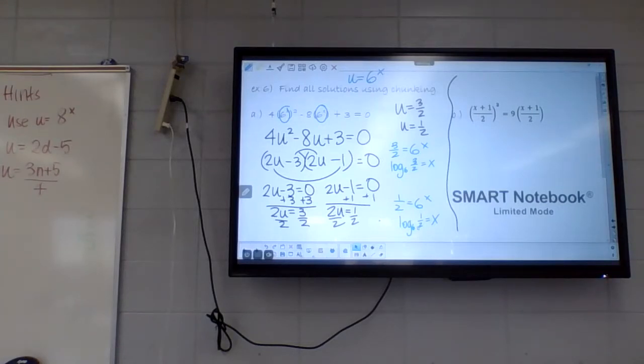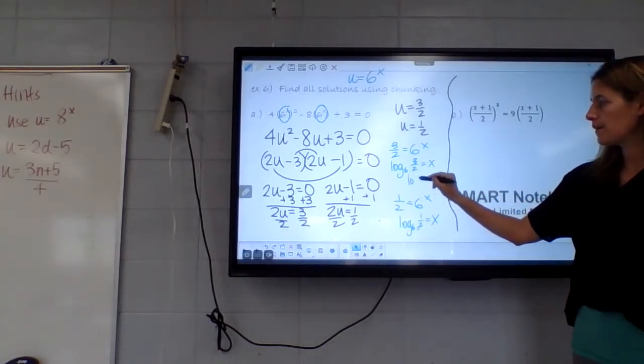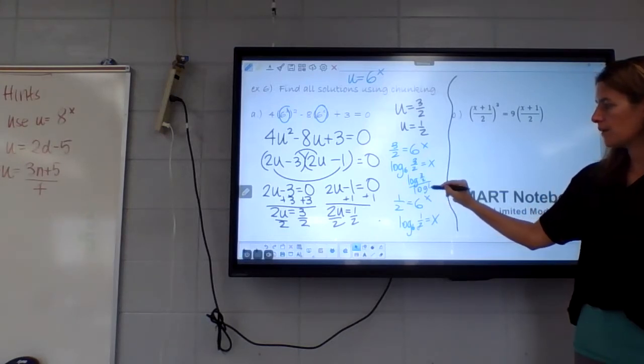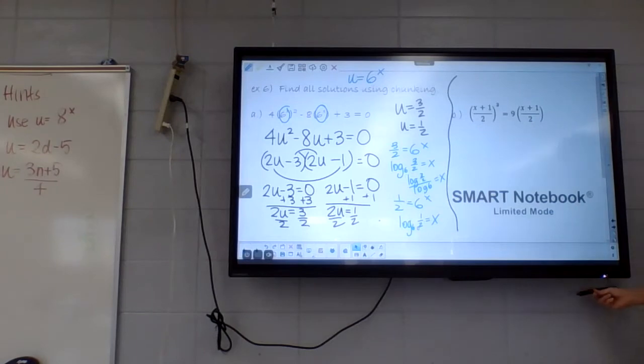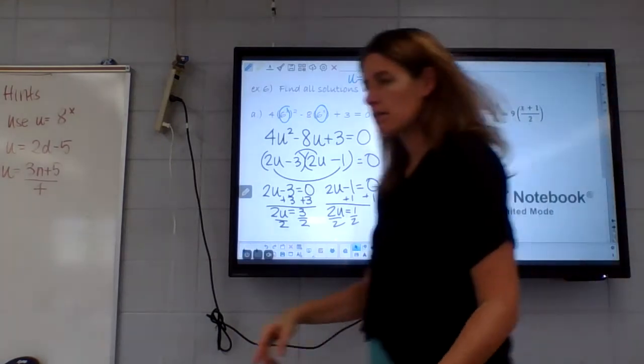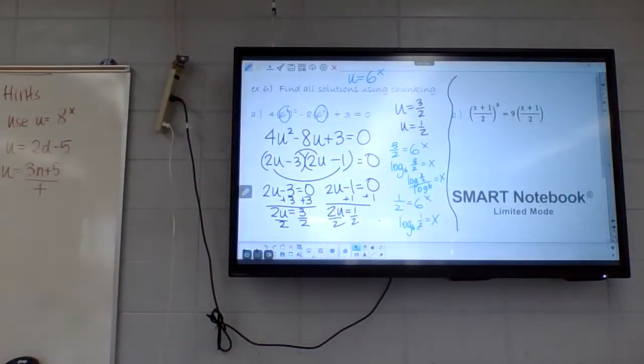And if you forgot how to do those logs, remember this is where we do log of 3/2 divided by the log of 6. Sorry, I'm running out of space here. And you can use 3/2 as 1.5 if that's easier.